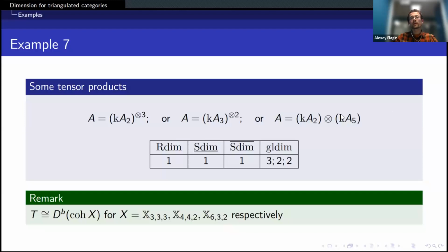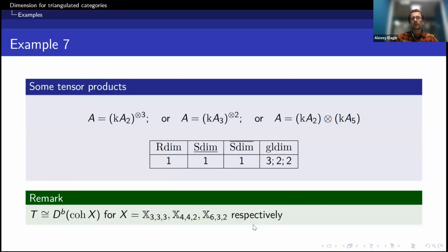For example, the corresponding derived categories are equivalent to derived categories of coherent sheaves on weighted projective lines of tame types, or to derived categories of equivariant coherent sheaves on elliptic curves with a non-trivial finite group action. So from this point of view, it's natural that their Serre dimension indeed is 1, because these are curves, which have dimension 1.